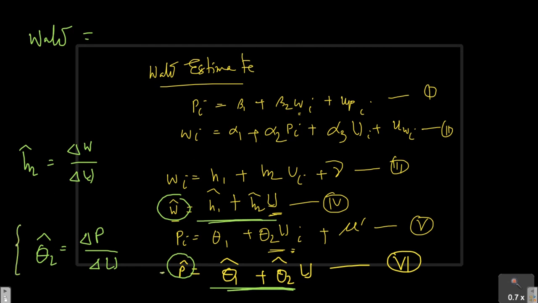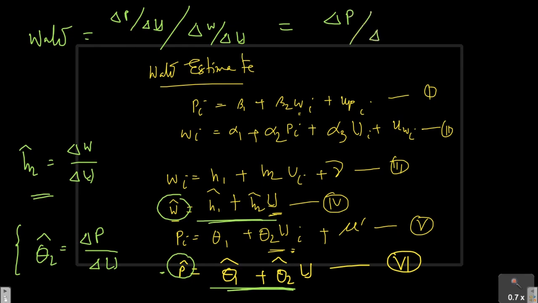So basically delta P by delta U, and then we divided it by the first stage regression coefficient, H2 hat, which is delta W by delta U. If I simplify it, it is going to be delta P by delta W. So essentially I am looking at the change in the price rate with the change in the wage rate. That is basically what I wanted to get in my equation 1, right? With the Wald estimate, exactly that is what it is giving us.